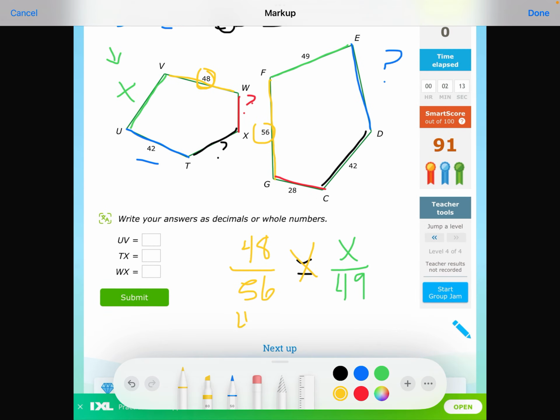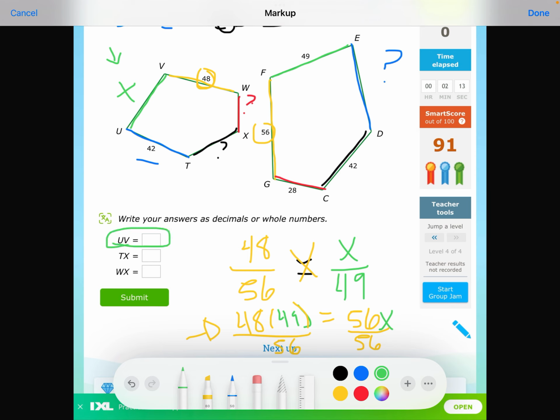So I get 48 times 49 is equal to 56x. Once I do the cross multiply, I'm going to divide by 56 on both sides. And then with the power of Desmos, I can plug all of this in and get x equals something.